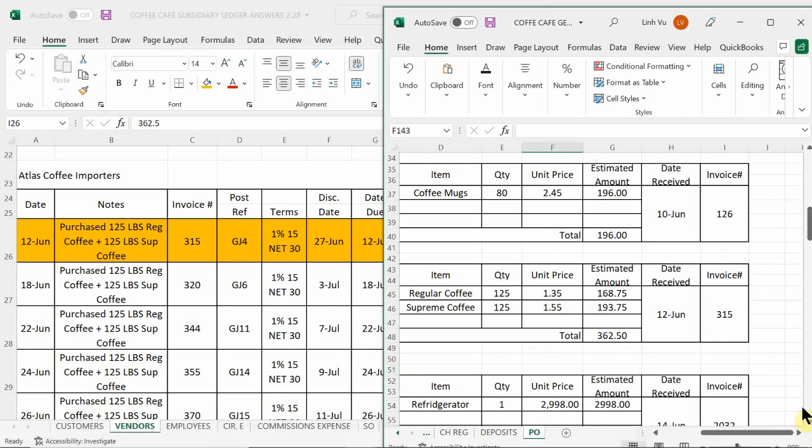My 1% discount is off of this $168.75, which gives me $1.68. And then my 1% discount for this $193.75 is going to be $1.94. Now we're going to round up, because we have a total of $3.62.